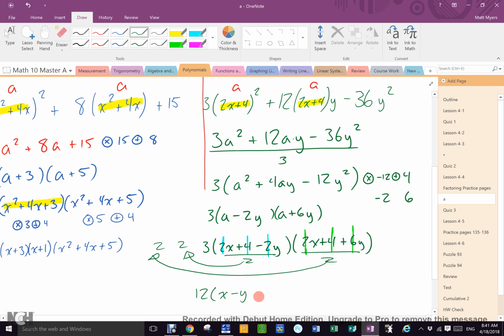And what is 4 divided by 2? 2. 2 divided by 2 is x. 6 divided by 2 is 3y. 4 divided by 2 is plus 2. And now that one's done. Are they long? Yes. Are they complicated? Yes. But is the math difficult? No. You know how to do everything in there. You just got to apply it. Right?